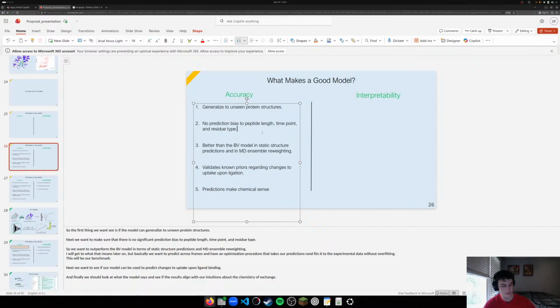Better than the BV. So why is the BV model your benchmark? Well, for one, it's the easiest to implement. Really, that's the main reason.